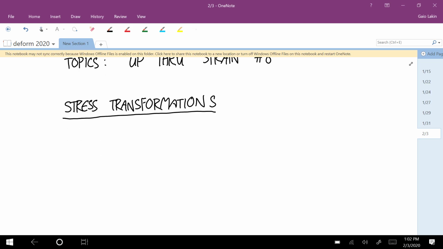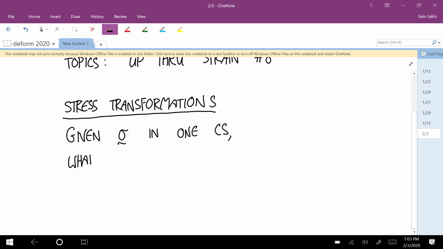And the question that this is answering is, say that you're given the stress tensor in one coordinate system. What would the stress tensor be in another coordinate system? That's all we're trying to do.